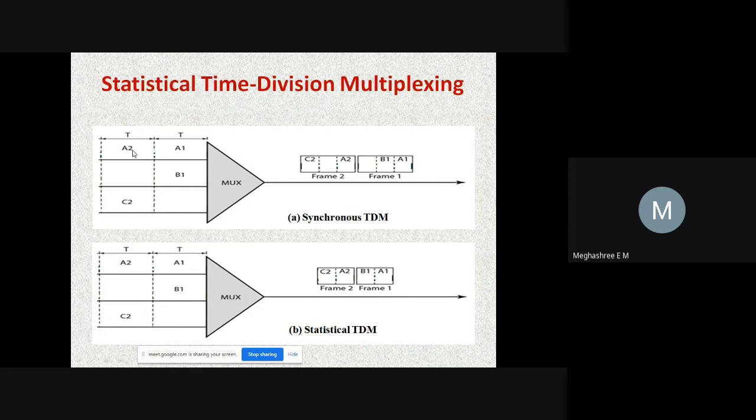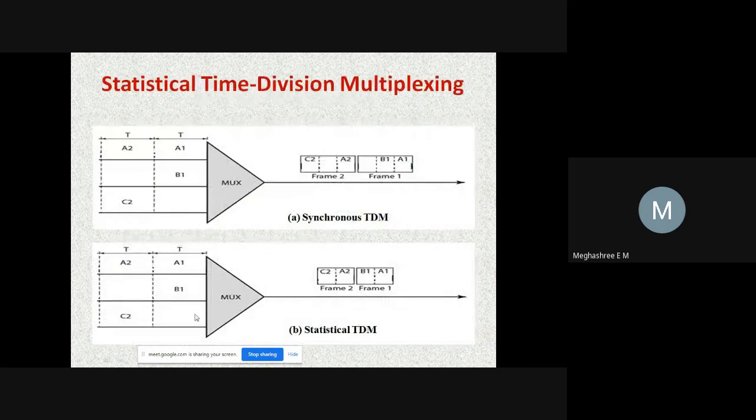In the second time slot, A2 is there, B2 is not present on this input connection, whereas C2 is present. When it is converted into frames, you can see the time slot is assigned for A1 because data is present, and the time slot for B2 is also present. Even though there is no data here, the slot is assigned. This is what happens in synchronous.